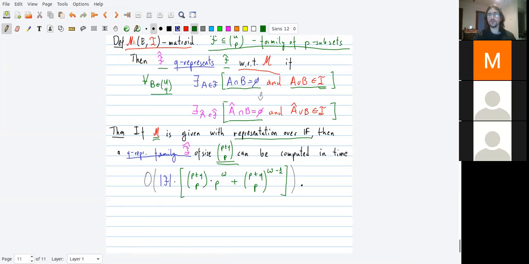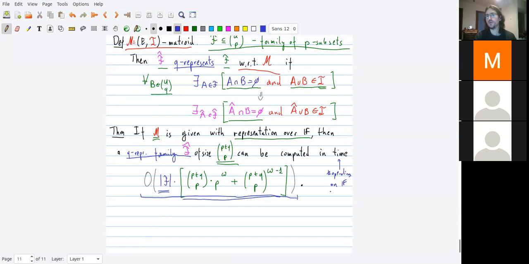And given the representation, you can find this subfamily in this running time. Linear in the size of the family on which we are working, times some factors depending on p and q in a parametric way. And by time, I mean the number of operations in the field F.